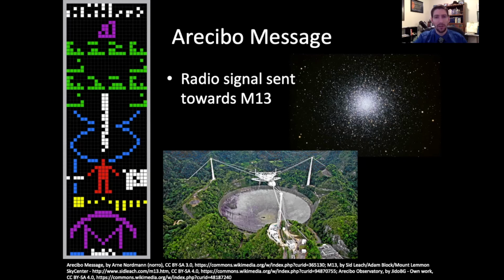Of course, we wouldn't expect extraterrestrials to speak the same language as we do. So all of this data is represented symbolically. Hopefully, they would be able to decipher the symbols and understand what we are trying to say. It also isn't likely for there to be life in Messier 13.